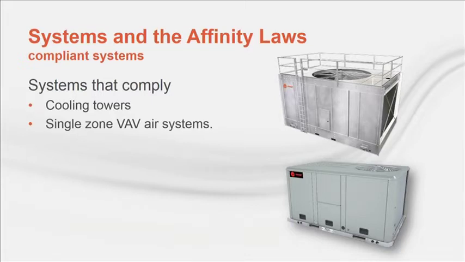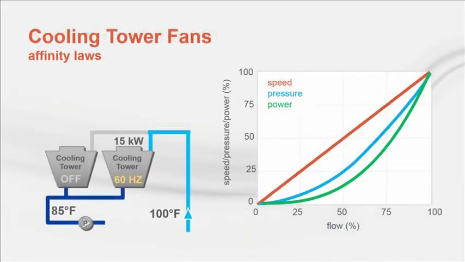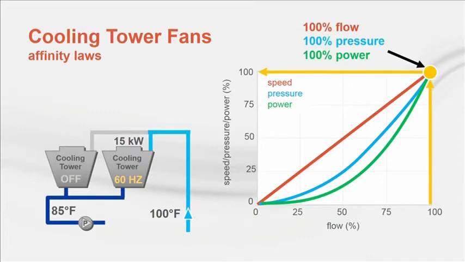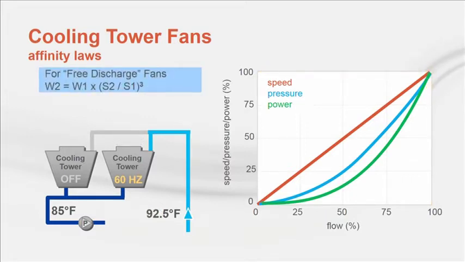Let's look at an example to internalize what that means. Here is a cooling tower that, at its design conditions, requires 15 kW of power. This is the 100% flow, 100% pressure, 100% power point of operation. Here is the same cooling tower at 50% load and therefore flow.